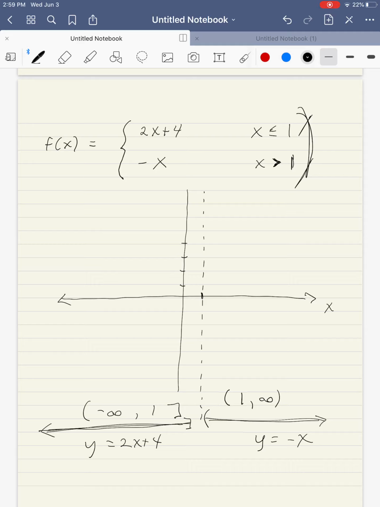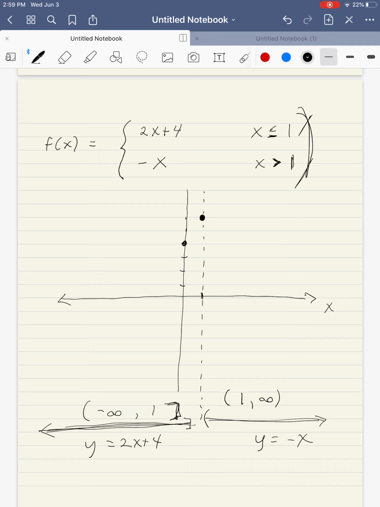So I could still graph using my y-intercept because the y-intercept is in this piece of the graph. Plot that point and then count up 2 and over 1. And this point right here, where x equals 1, is included.